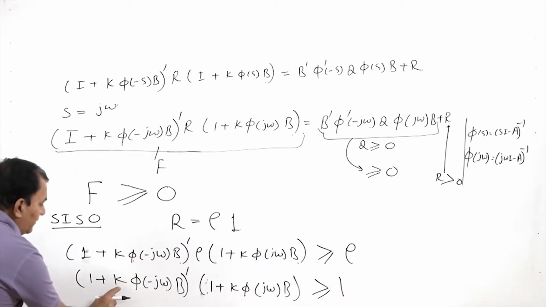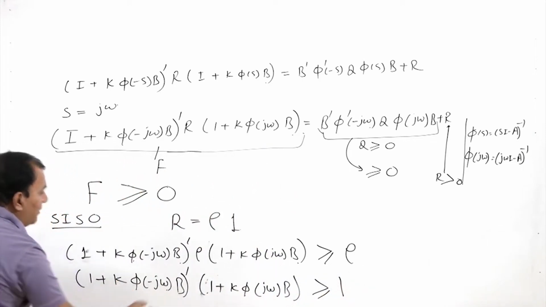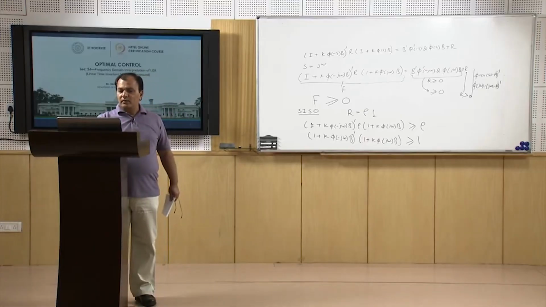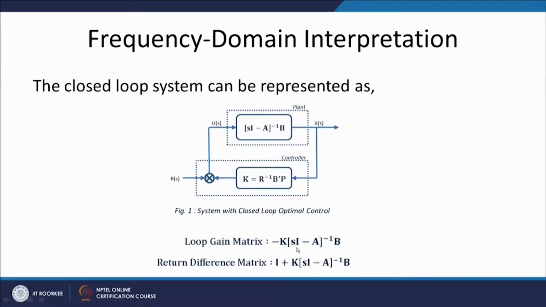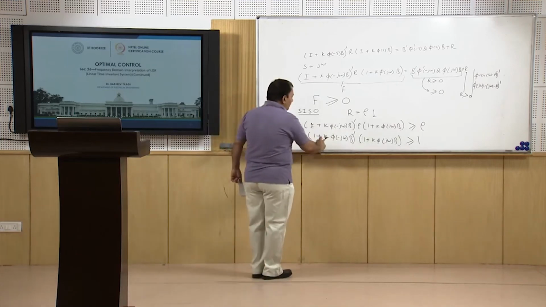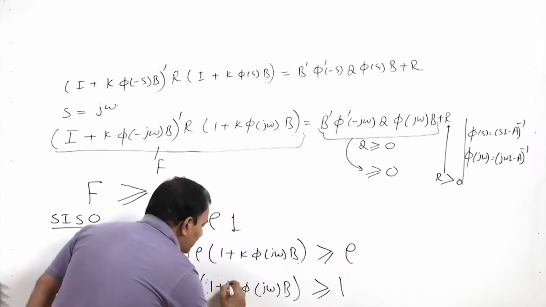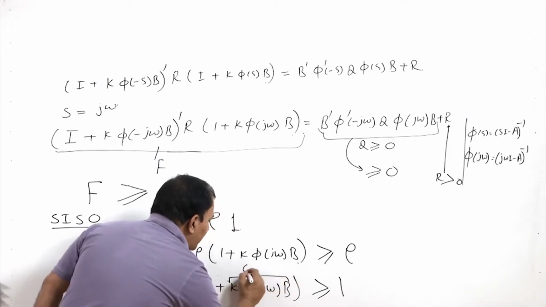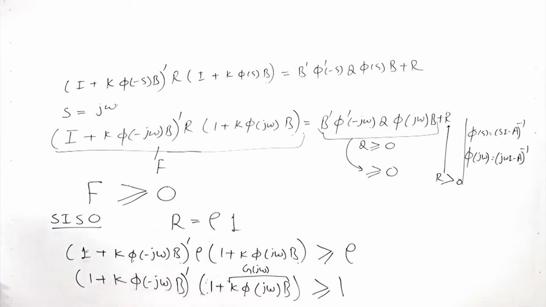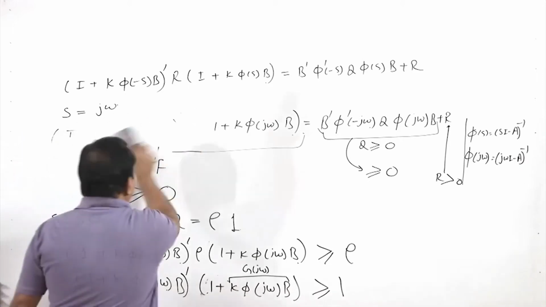Now, what is KΦ(jω)B? If you recall, we have the loop gain as K(sI - A)^-1 B, where (sI - A)^-1 is nothing but my Φ(s). So, this term is nothing but representing my G(jω).